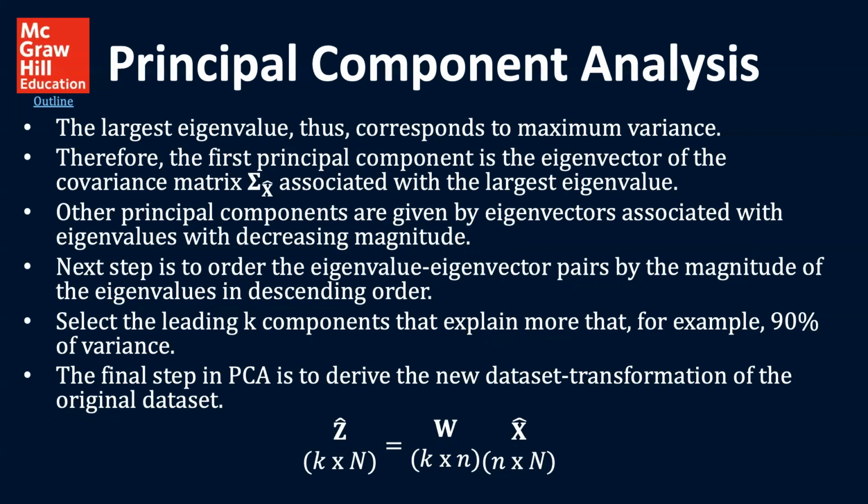The next step is to order the eigenvalue-eigenvector pairs by the magnitude of their eigenvalues in descending order, selecting the leading k components that explain, for example, 90% of the variance. The final step in principal component analysis is to derive the new data set transformation of the original data set.